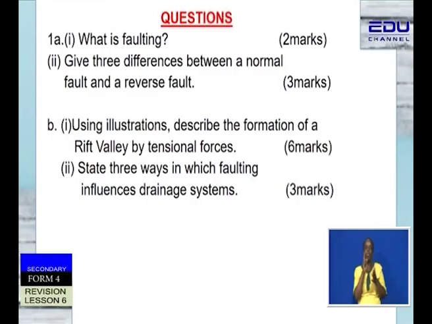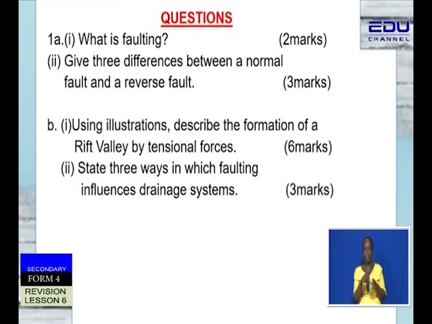The first question, that is 1A part 1, what is faulting, which carries 2 marks. The second one, 1A part 2, give 3 differences between a normal fault and a reverse fault, and that carries 3 marks.